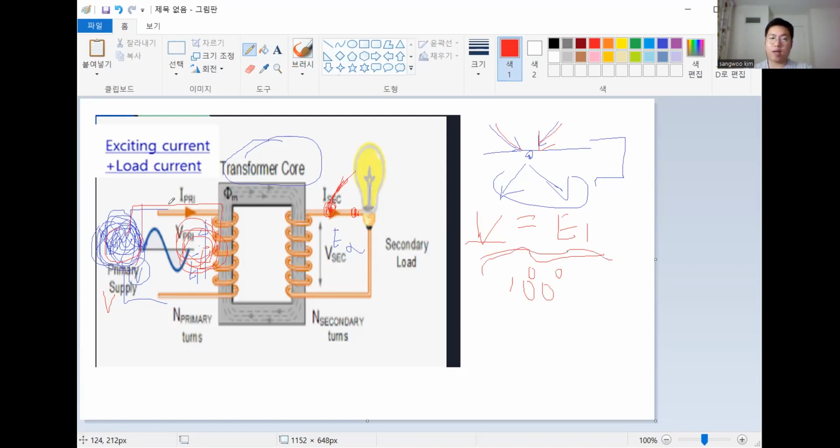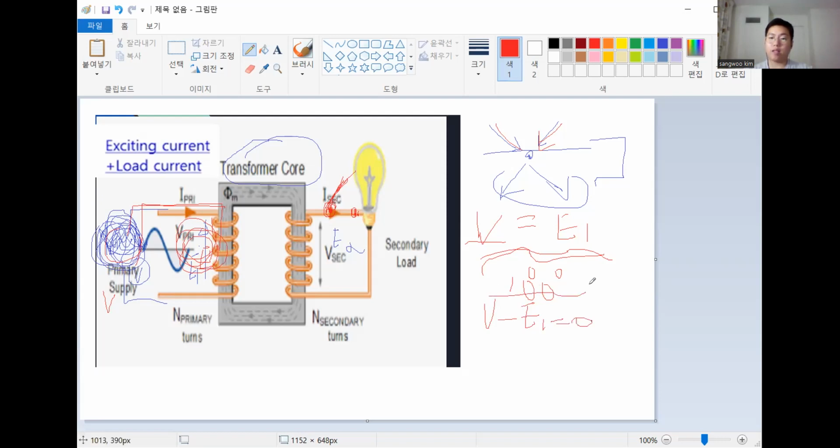As you remember, the voltage is also the same. From the source, the sum of all the voltage drops is the same as the voltage source. So that's why V minus E1 is 0.